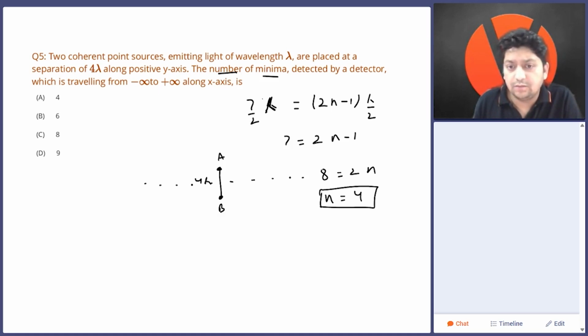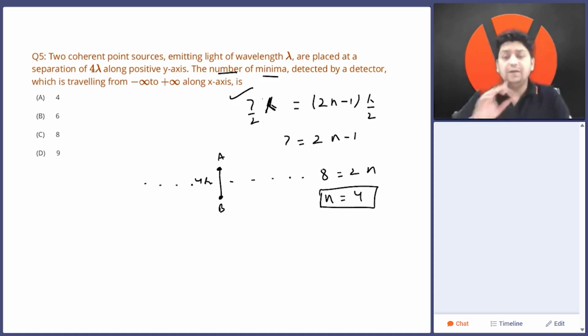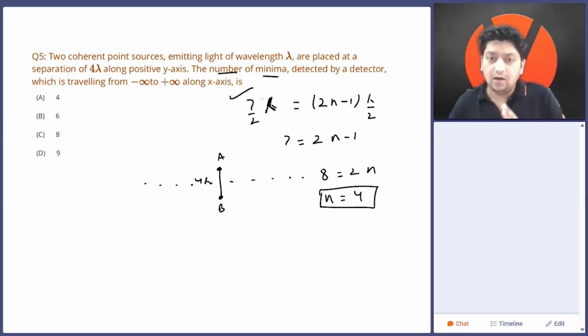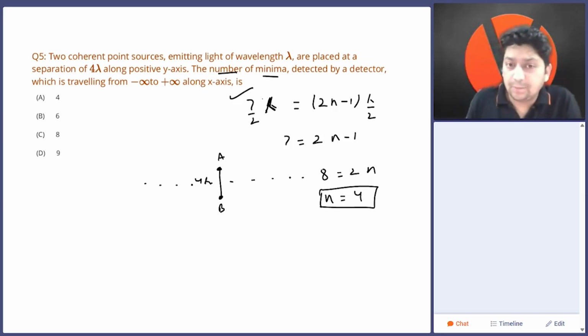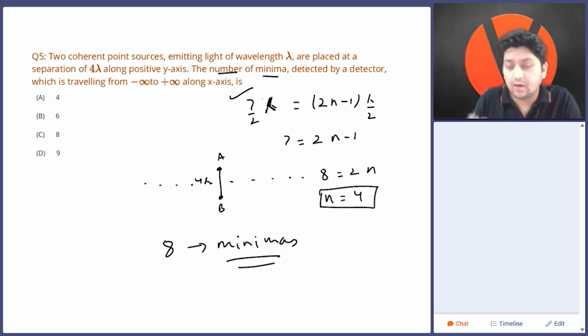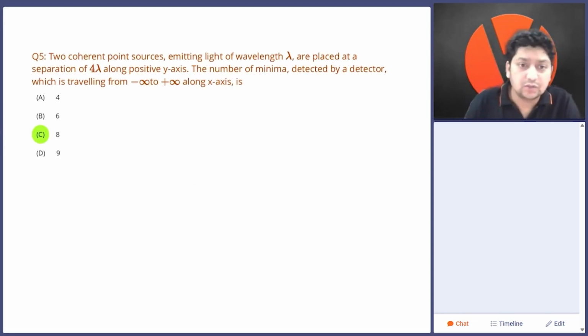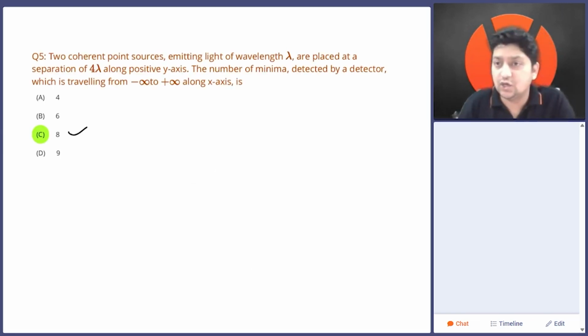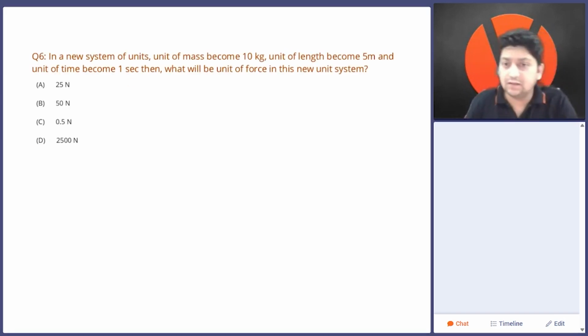So the fourth minimum will be the maximum number of minima created on one side. Similarly, on the other side four minima will be created. So overall 8 minima will be involved. So the answer will be option C. This is the way of solving this question.